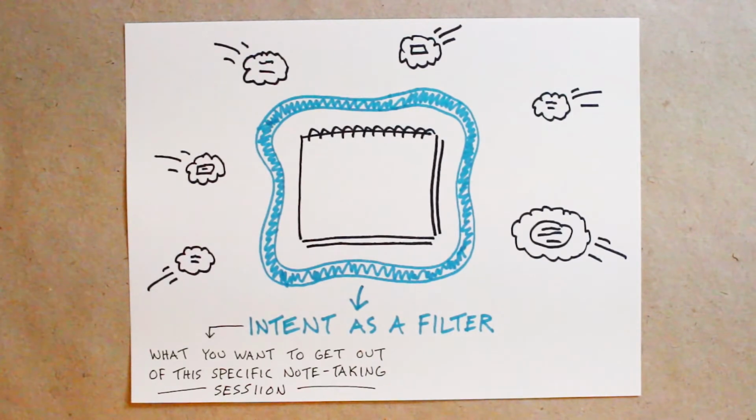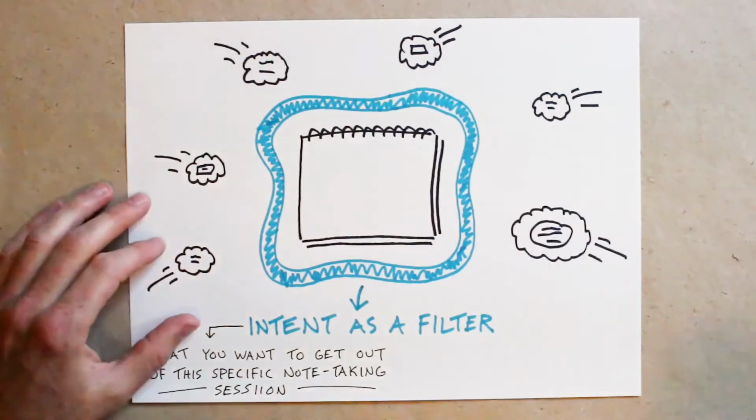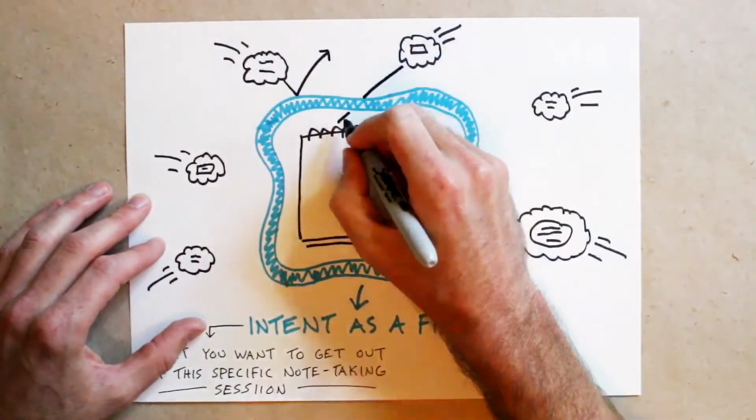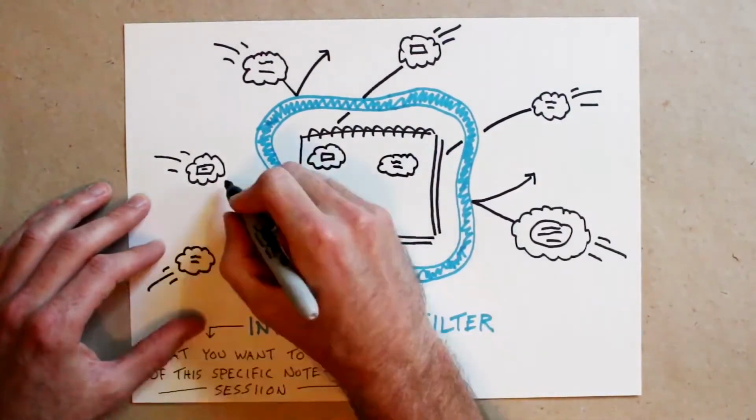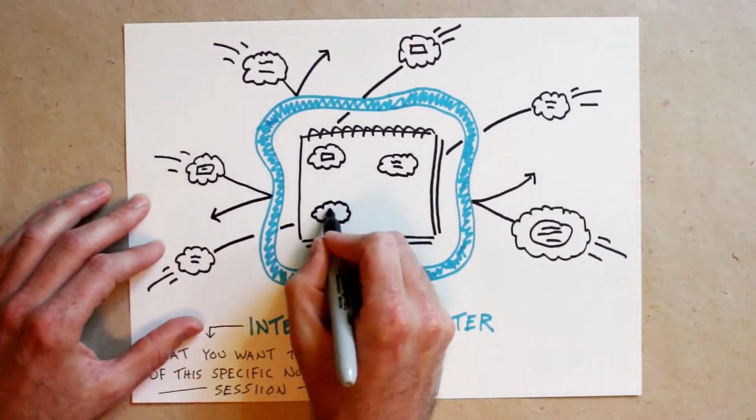When you have a clearly defined intention going into a note-taking session, it makes it much easier to know which ideas you can let fly on by and which make it through that filter and actually land on your page.